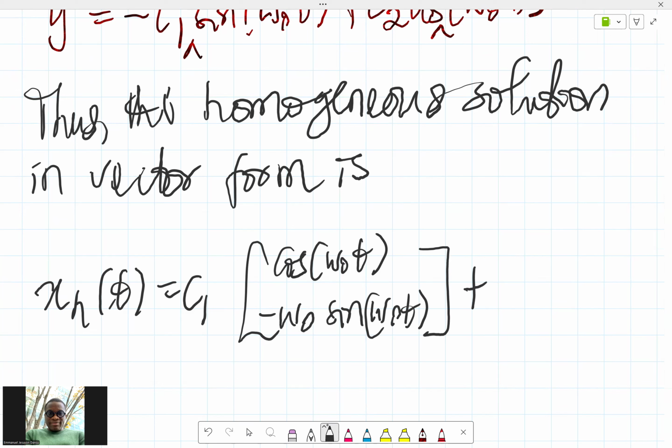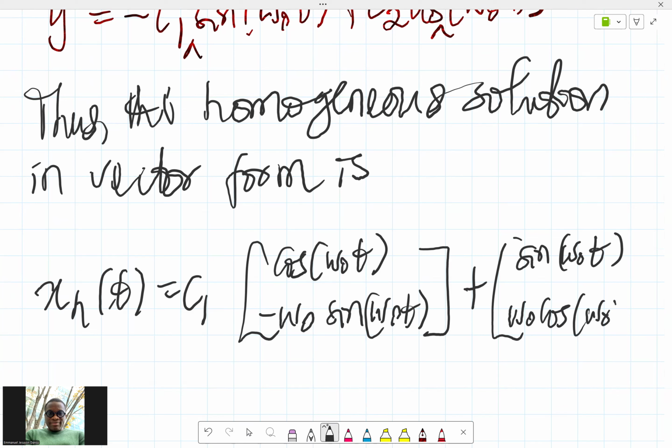And here we have c2 multiplied by sine omega naught t, and then omega naught cos omega naught t. Omega naught should come out here, and another omega naught comes out here. So that is the solution in vector form.